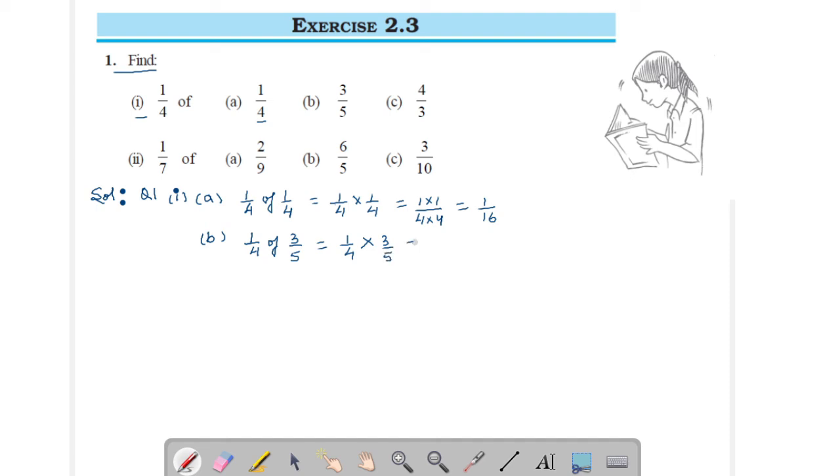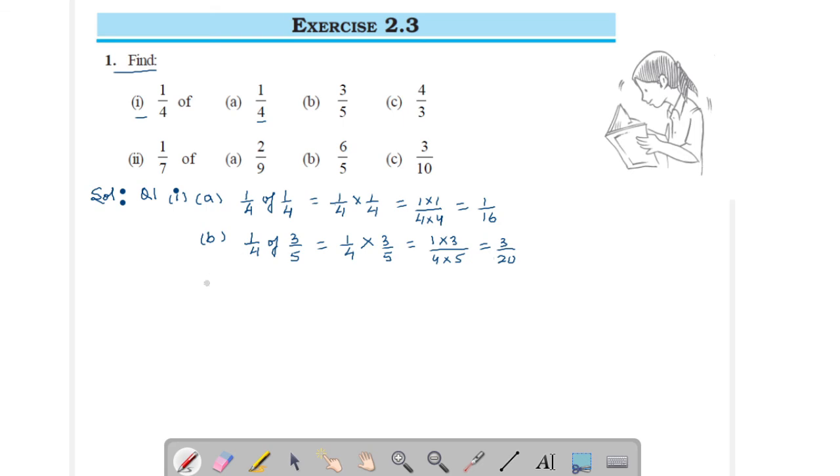Here multiply numerator by numerator, that is 1 into 3 upon denominator by denominator, that is 4 into 5. Multiply this, 1 into 3, it is 3 upon 4 fives are 20. Your answer is 3 upon 20.